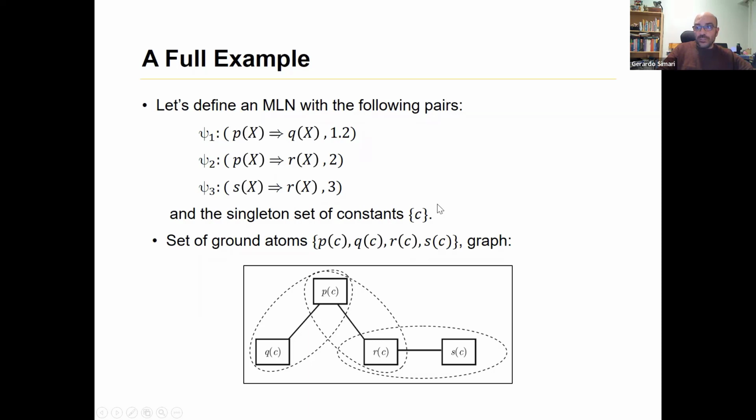We only have one constant C, and the set of ground atoms is then just these four variables. If I had more constants, it wouldn't be that interesting of a graph, because it's always the same formula. So I would have another copy of this for each constant.